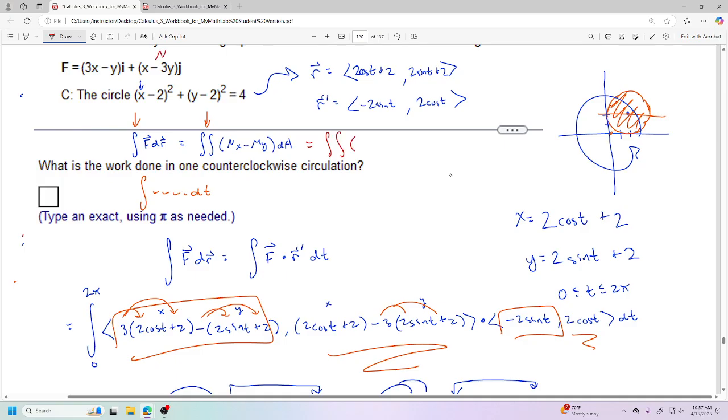This is n, this is m. What's my derivative in terms of x? Minus derivative in terms of y. Okay. So what you just found was that there's a 2 in there. You're saying double integral of 2. You're wanting the area times 2. The area of a circle times 2. So 2 times pi r squared. What was the radius again?